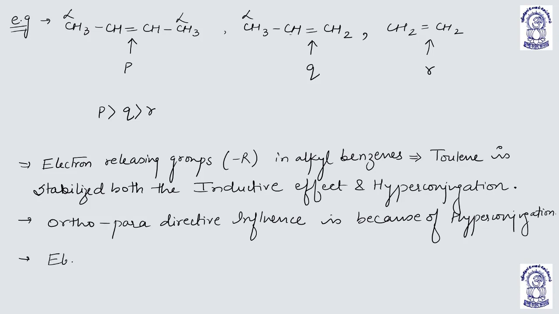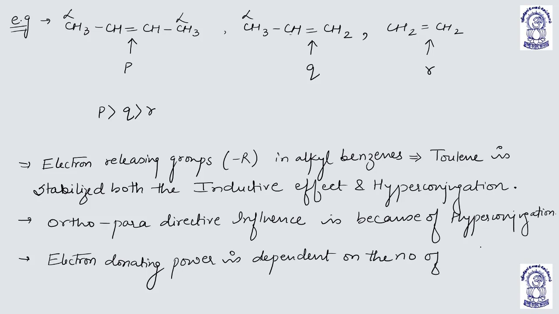electron donating power of an alkyl group is dependent upon the number of hydrogens present on the alpha carbon.